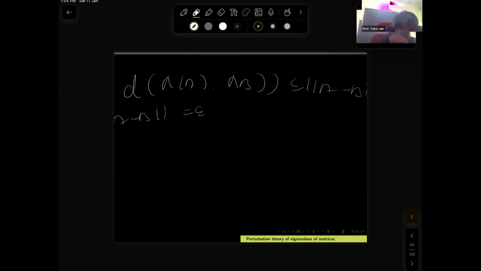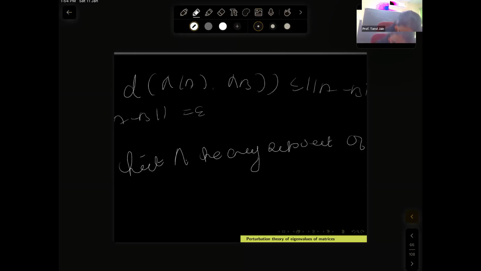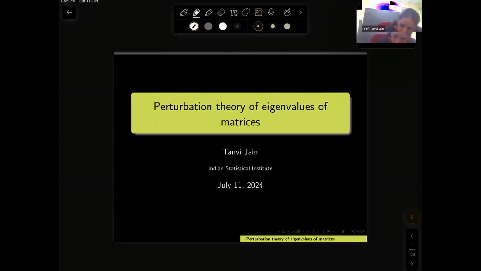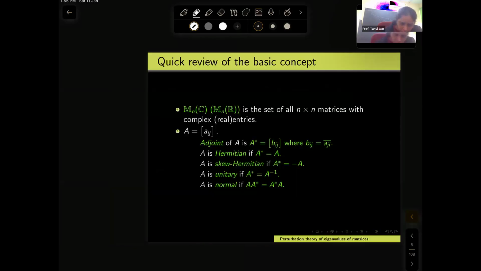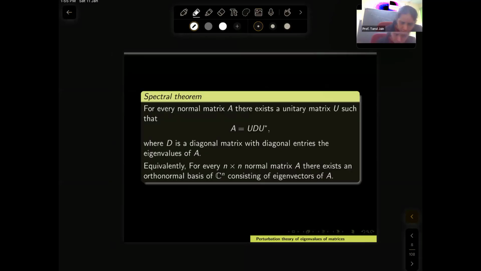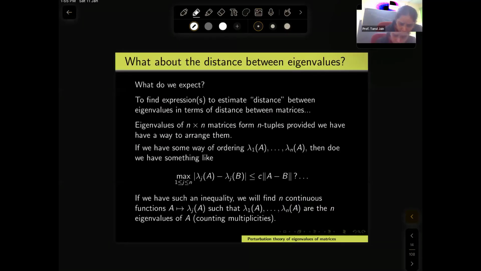So let lambda be any subset of eigenvalues of A. Any subset, basically any multiset really, or a subset also.